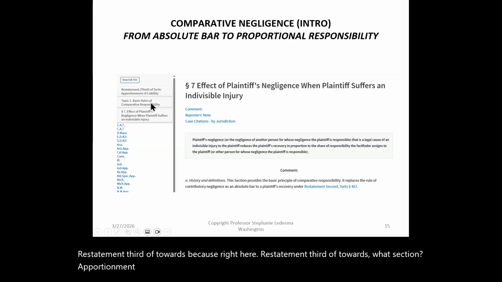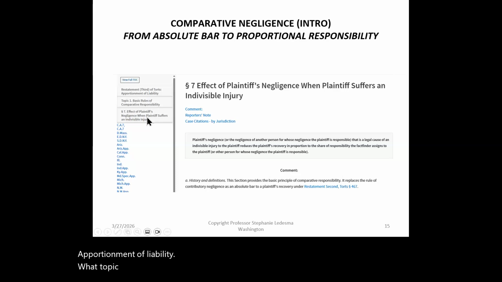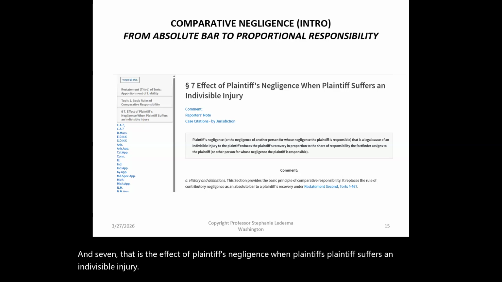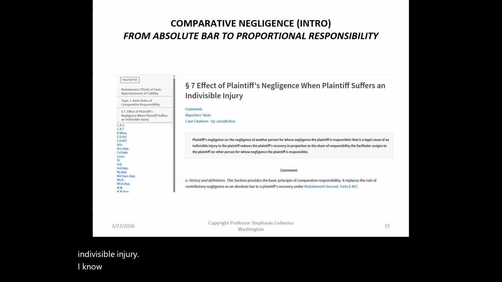What topic? Topic 1. What section? 7. That is the effect of plaintiff's negligence when plaintiff suffers an indivisible injury. I know it doesn't on its face simply say comparative negligence. Well, welcome to the practice.